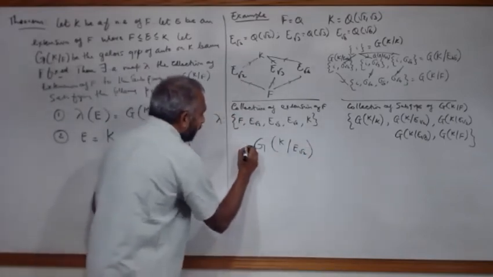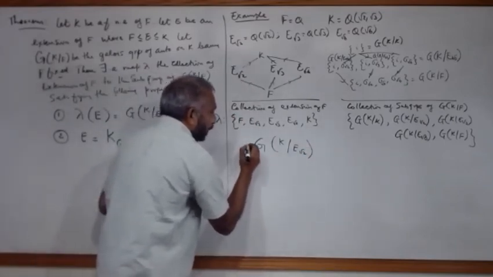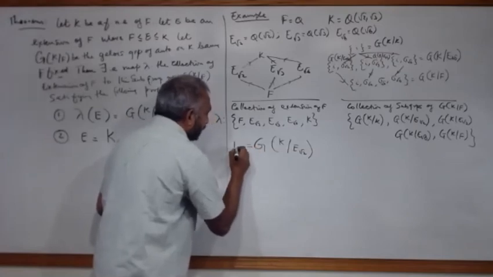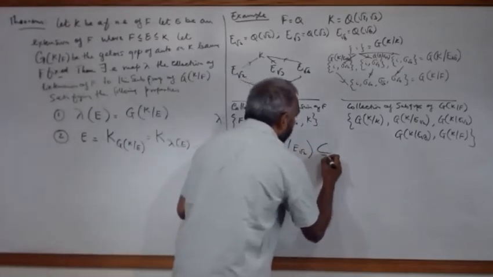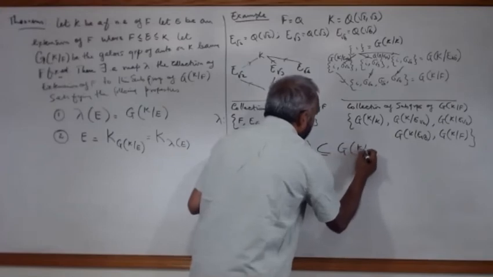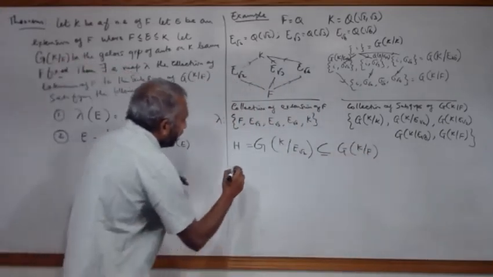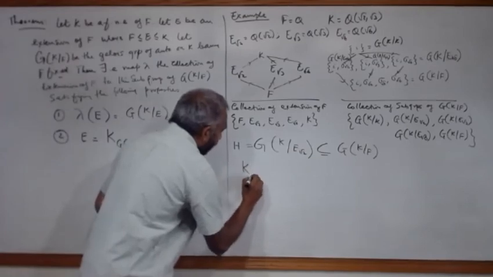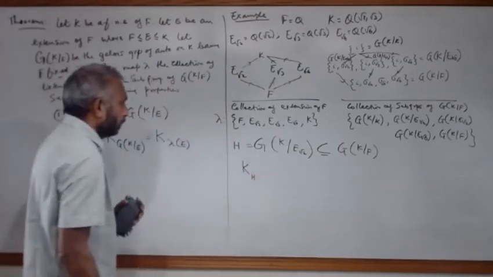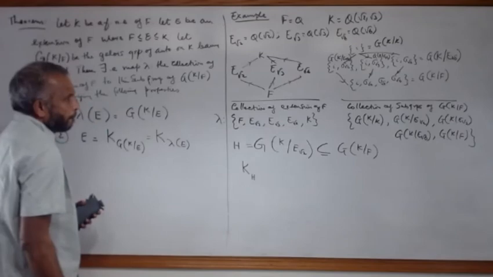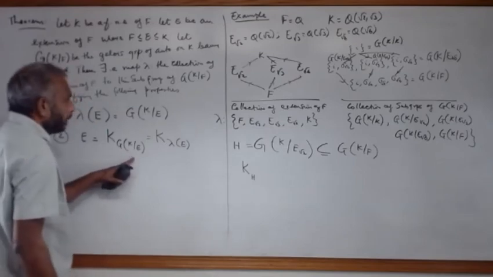To generalize, we'll say this is an H. It's a subgroup of G of K over F. Now consider K of H. K of H is what?